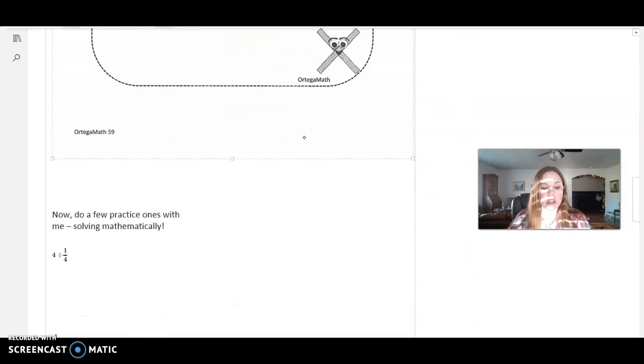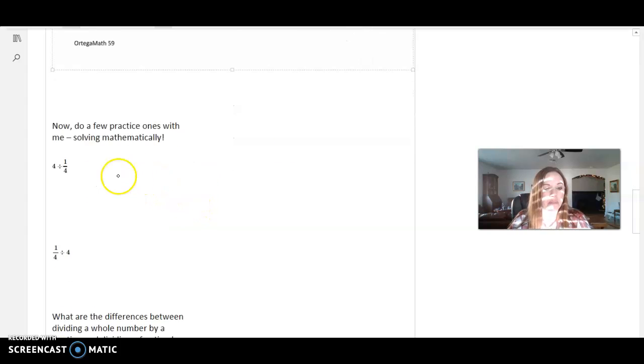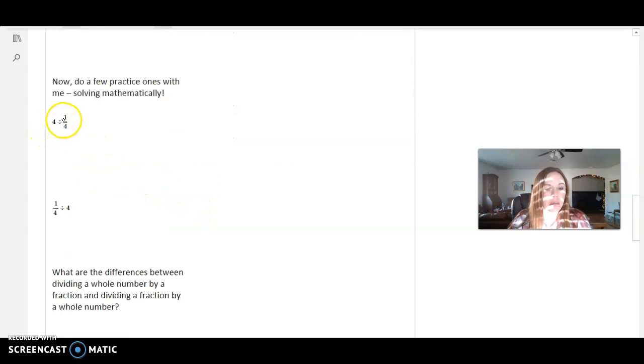Okay, so let's do a few more mathematically. 4 divided by 1/4. Now, we're starting with a whole number. What should our quotient be? That's right, our quotient should also be a whole number. So we're going to keep the dividend, switch our division sign to multiplication, and multiply by the reciprocal.